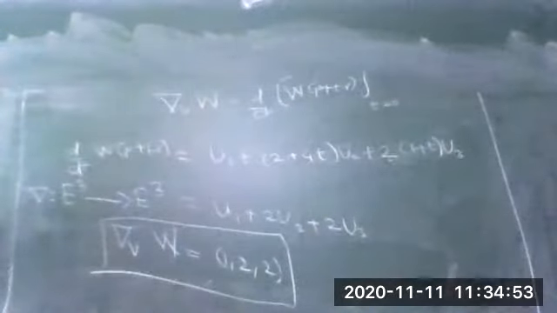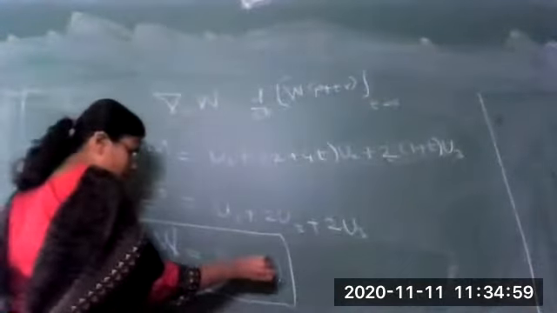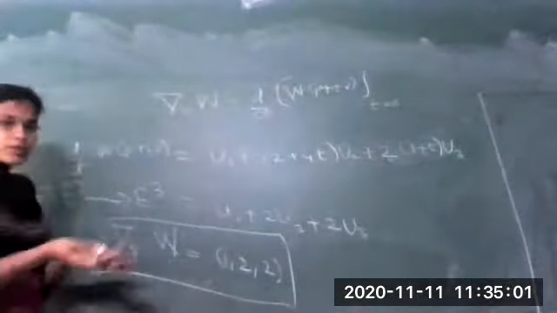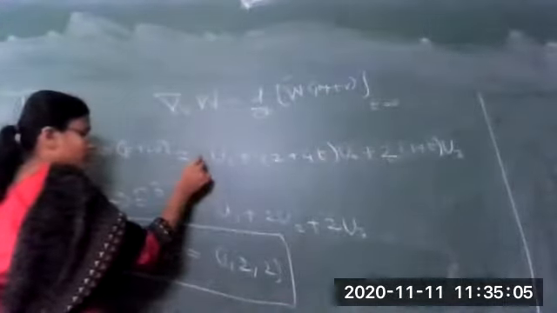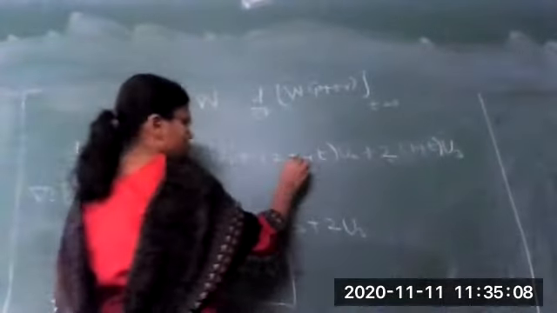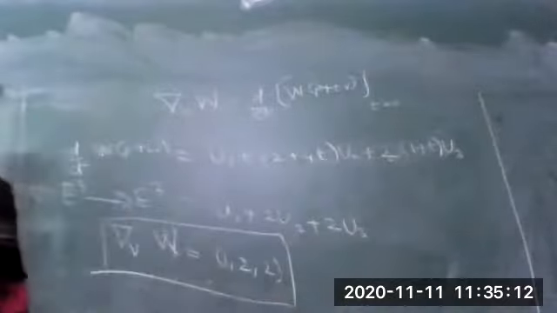But what is the interpretation of this? The interpretation of a covariant derivative is that the coordinates I am getting give the directional derivatives. Here we have found the directional derivative of the coefficient of u1, of the coefficient of u2, and of the coefficient of u3.